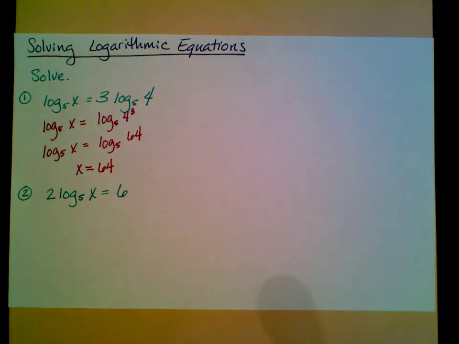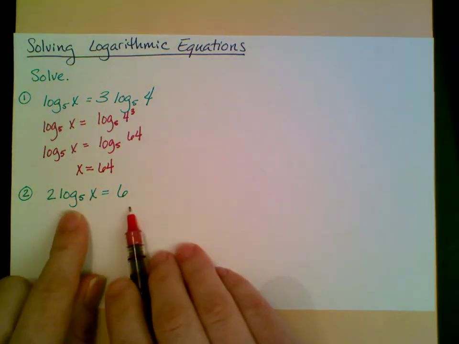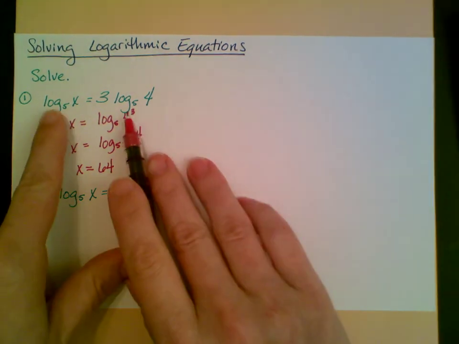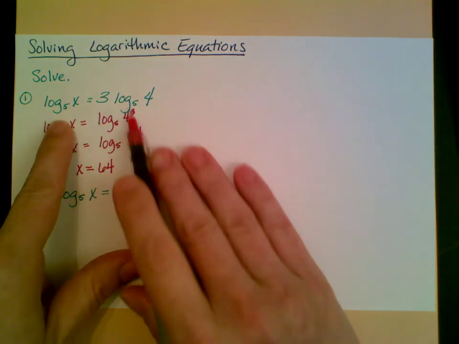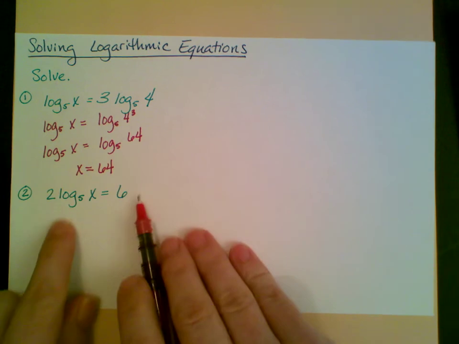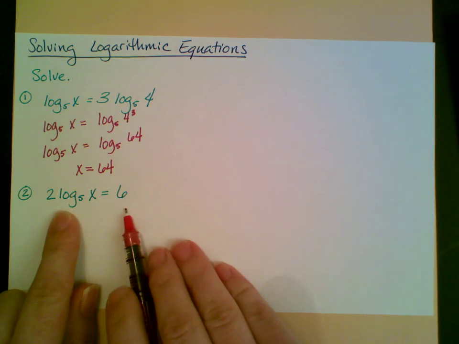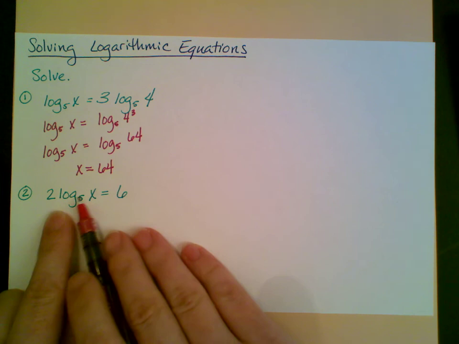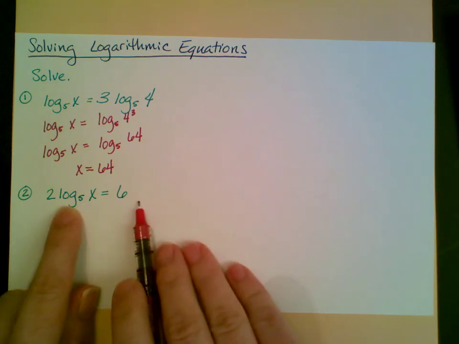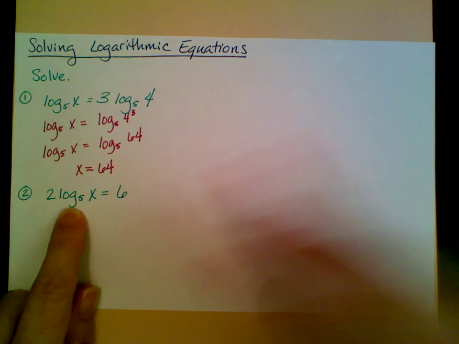So let's look at this one. Notice this one is significantly different from number 1. On number 1, I had 2 logarithms and I had something that I could rearrange into a single logarithm on each side. Here I've got 1 logarithm, and I'm always going to have a logarithm and a number. That means that I won't be able to use property h the way that I did for number 1.